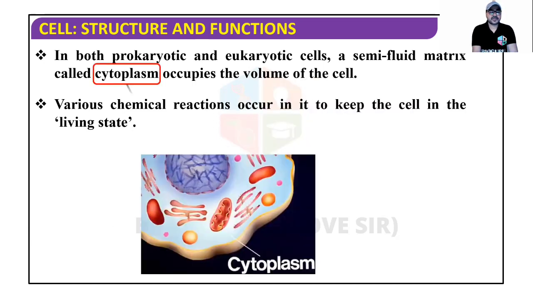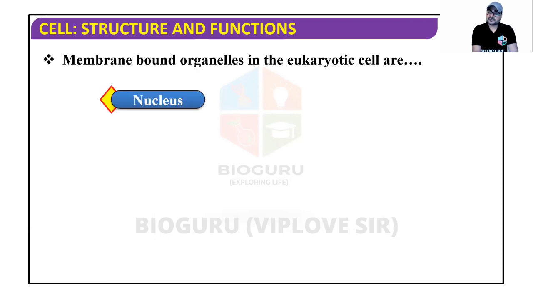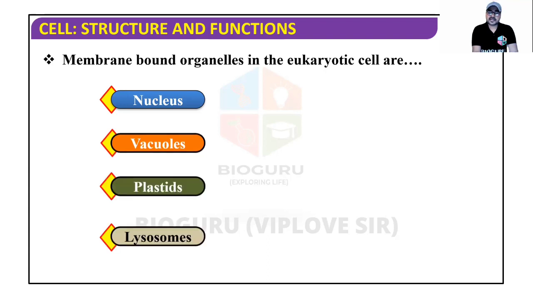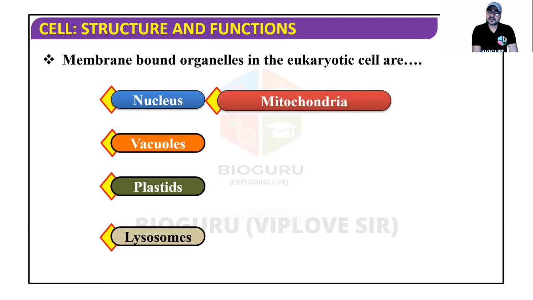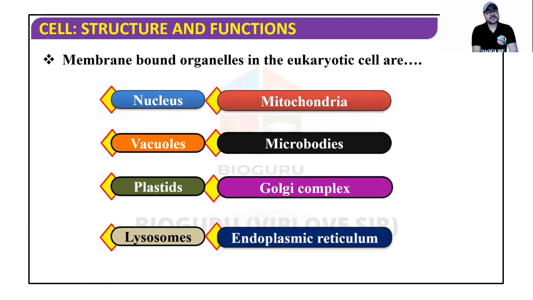Good, very good. Now, membrane bound organelles in the eukaryotic cells are nucleus, vacuoles, plastids, lysosomes, mitochondria, microbodies, Golgi complex, and endoplasmic reticulum.